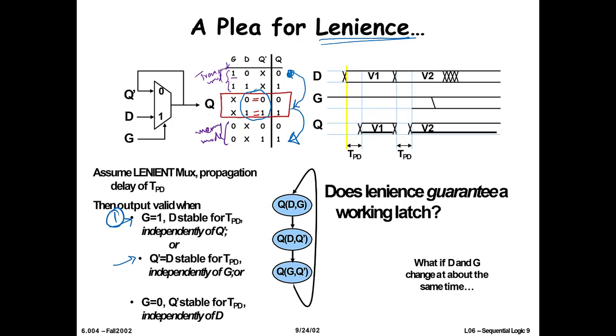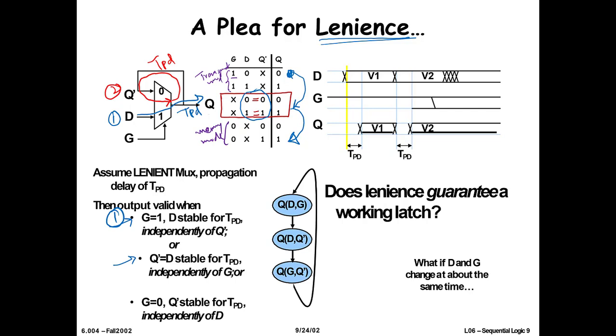Now the first step is like this: first you wait for the signal to go here. This takes a time which is called TPD. In the second step, you wait for Q prime and D to become equal, and how that can be guaranteed is that you wait another TPD, this red one.